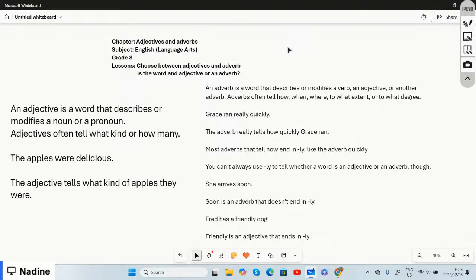And in the lessons that we are going to be focusing on under the chapter of adjectives and adverbs is to choose between adjectives and adverbs. And we need to say, is the word an adjective or an adverb?